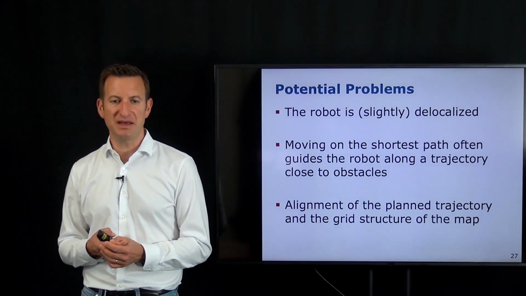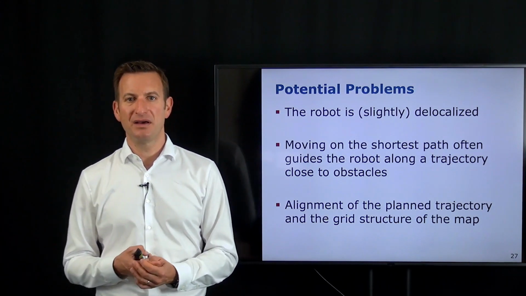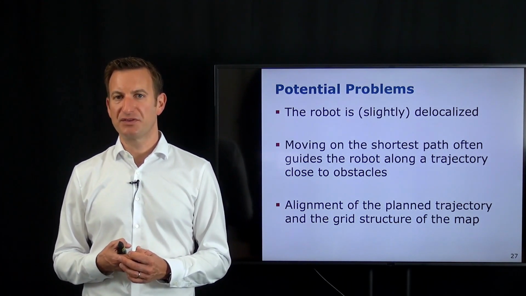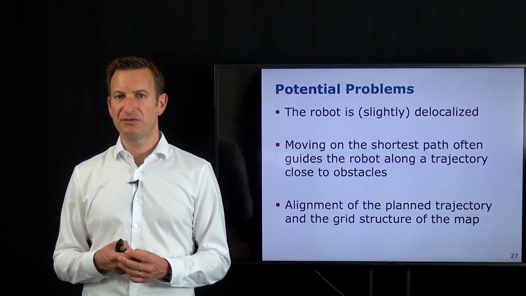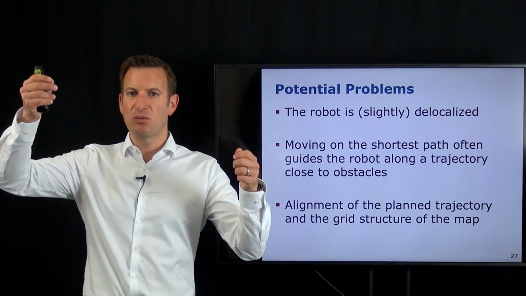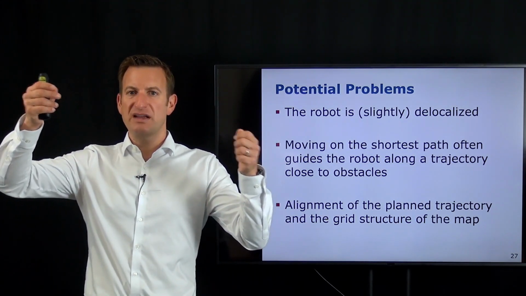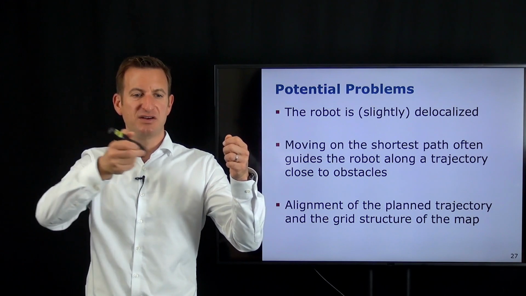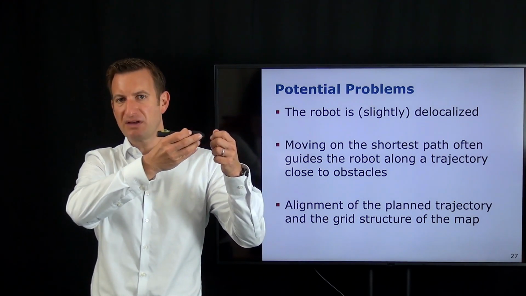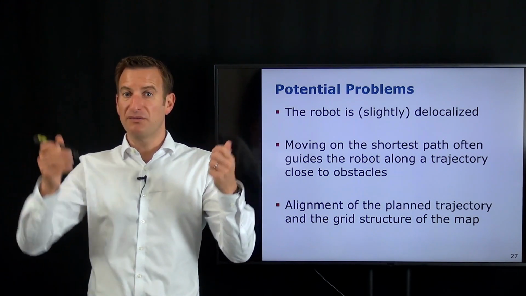Other problems could be that the alignment of the planned path or planned trajectory is not in line with the structure of the grid map. So if you have, for example, two nodes which are a little bit away from each other, let's say one is a little bit higher than the other, the straight line may be the shortest path, but if you plan the path only with an 8-connected grid, the robot may make only 45-degree turns.